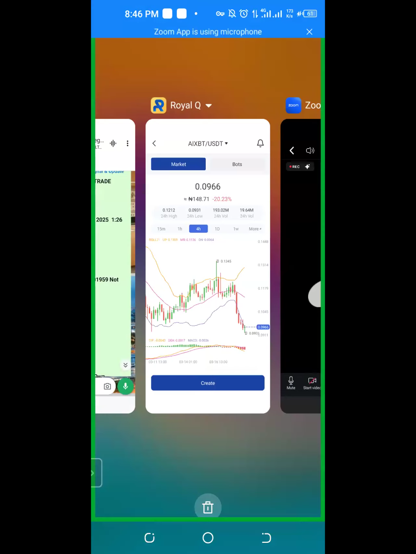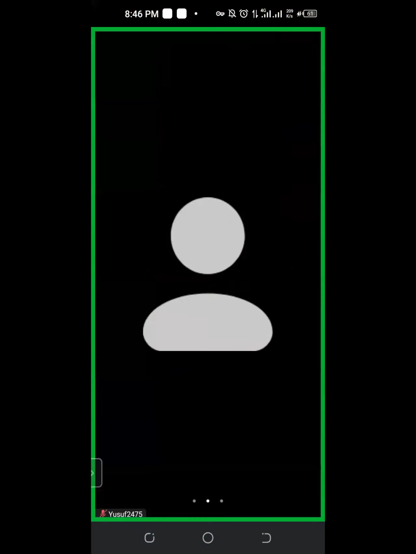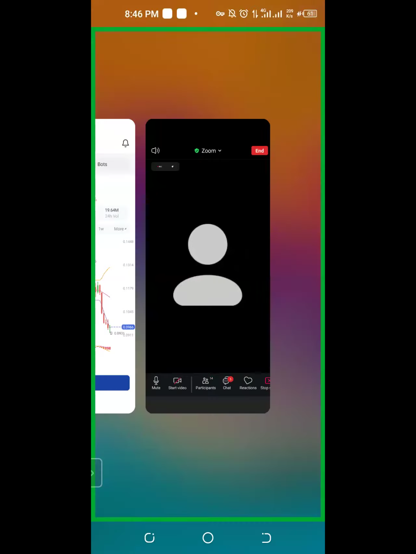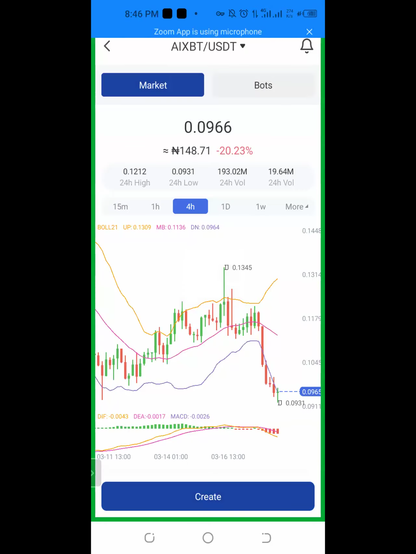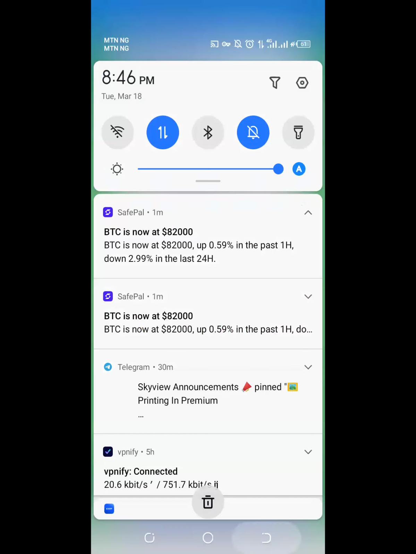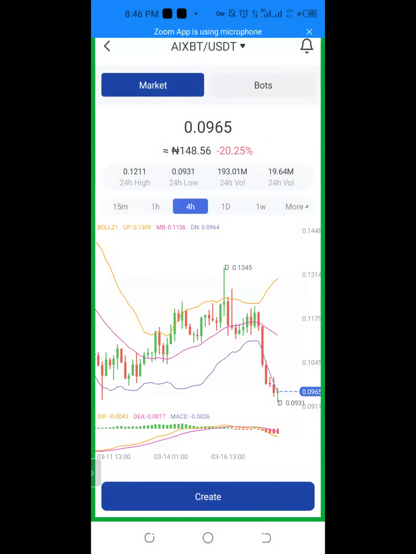Let me see whether my mic is on. Okay, my mic is on. Let me just quickly teach us how to measure profit margin if you don't know how to use TradingView. Okay, this one is also good.